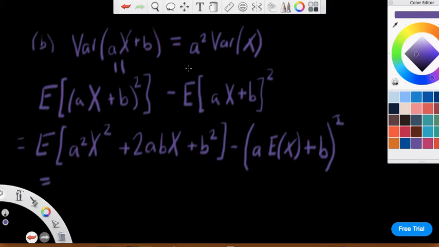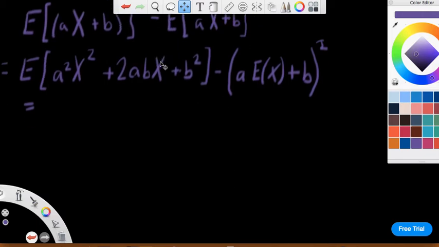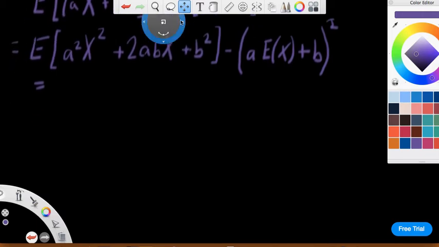So, grab some more real estate here by scrolling up. So again, for this term, we'll use linearity.